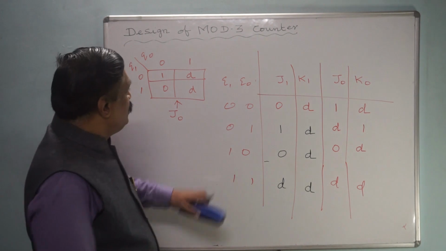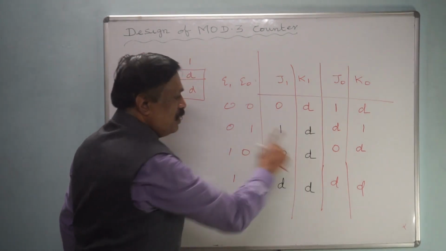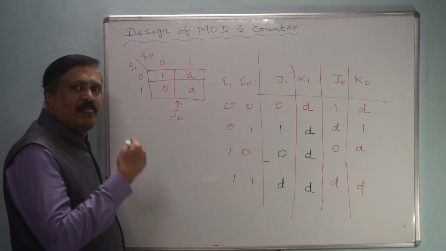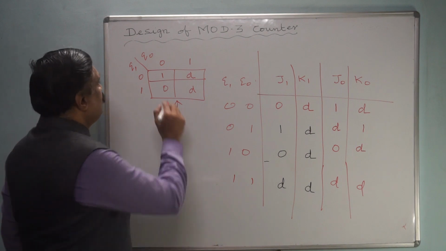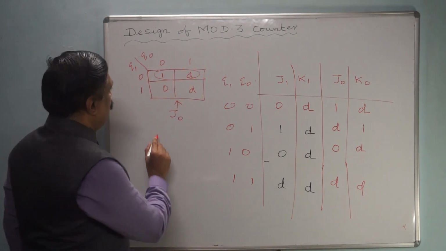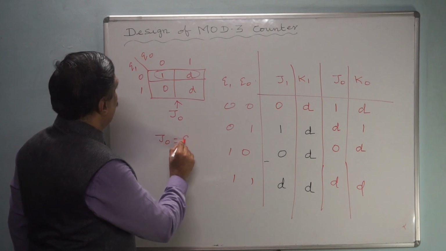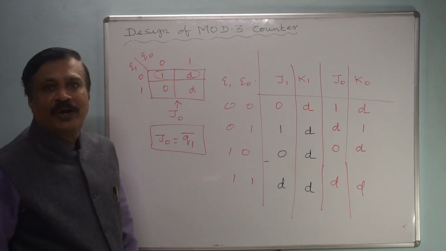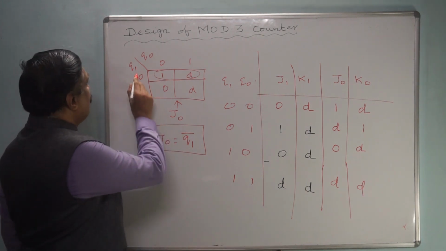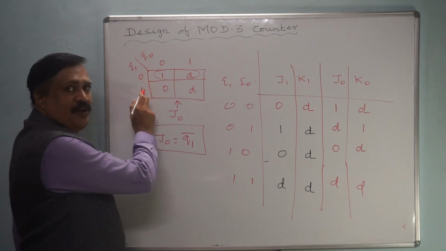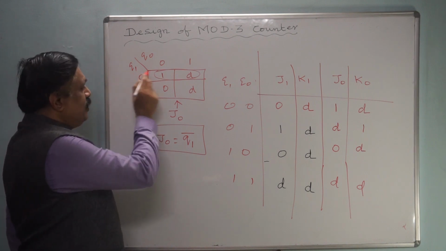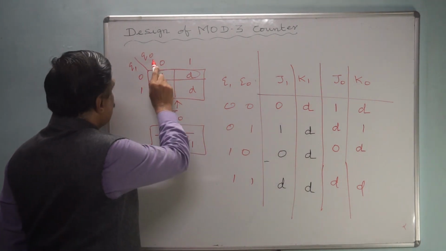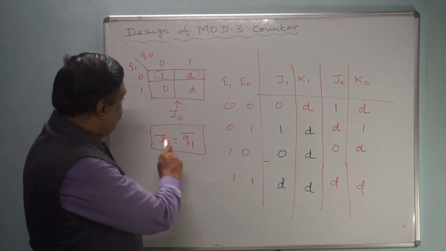For this you are filling J0, that means now you got this. Now how to prepare a grouping equation? Now this is your pair, therefore J0 equal to Q1 complement. Why Q1 complement? Because this is Q1 and it is 0, therefore Q1 complement.